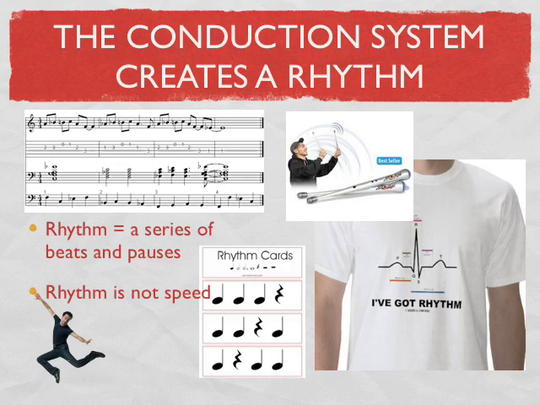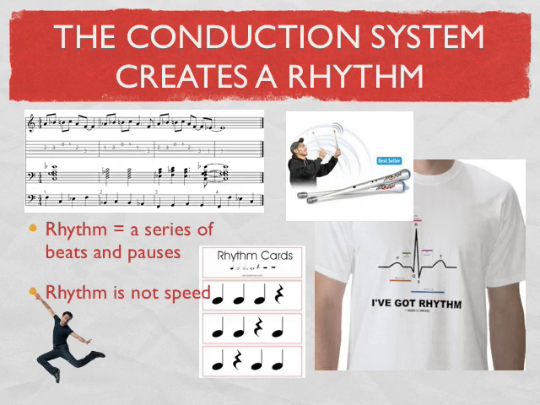Here's another rhythm. Here's another rhythm. If I do this over and over, you would recognize a rhythm. You can take a rhythm and speed it up or slow it down.